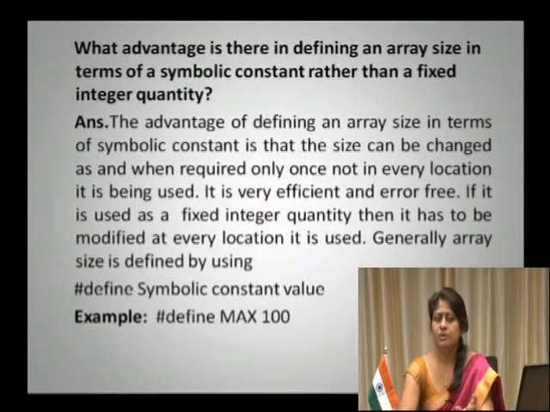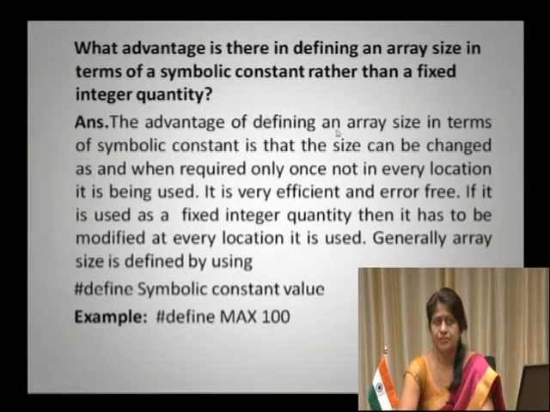You need not change this value every time in your program wherever you have used it. So, if you have used hash define with a symbolic constant MAX 100 and you want to reduce the size of your array, you can just make a change over here. This symbolic constant could be used everywhere in your program. So, once you change this value, automatically your array sizes will be changed within your program.